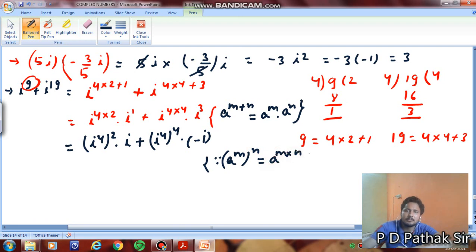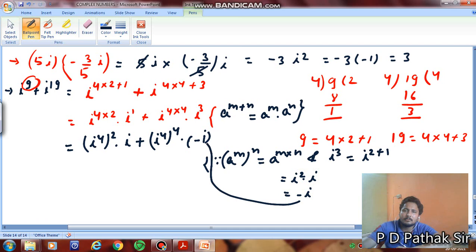This is the first reason. And the second reason: I cube equals I square into I, or if I expand this, I cube means I to the power 2 plus 1, or I square into I, and your answer will be minus I. So I have written minus iota in the place of I cube.